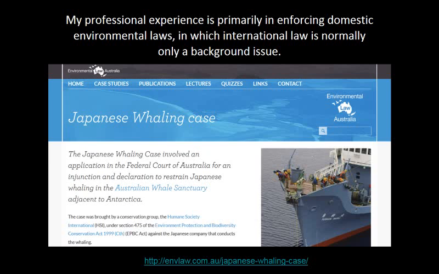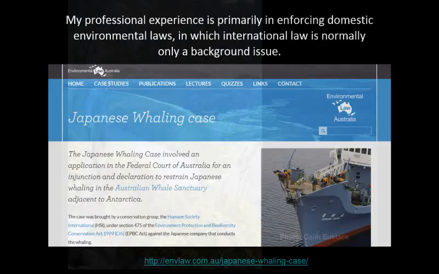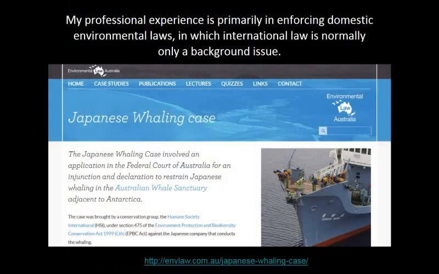Obvious international links, but it was about enforcing national environmental laws. And part of my experience is, and I want to really emphasise in this course, even if you are working at a domestic level, international law is an important component of it. And so understanding the international framework is important, even though you're working at a domestic level.